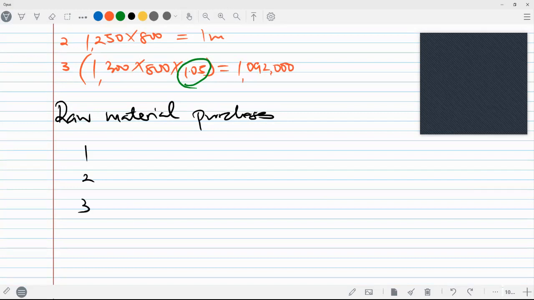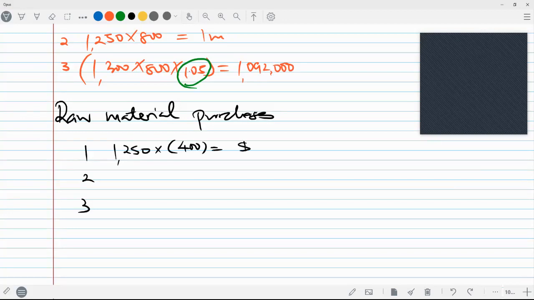Now, the sale made in the month of January, 1250, was produced in the month of December and paid for in the month of January, isn't it? Which means the payment for material in the month of January will be 1250 times 400, which is 200 times 2 times 2.